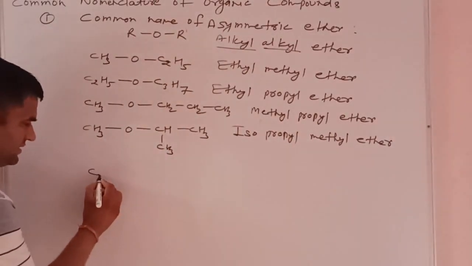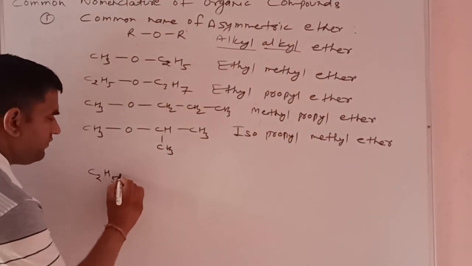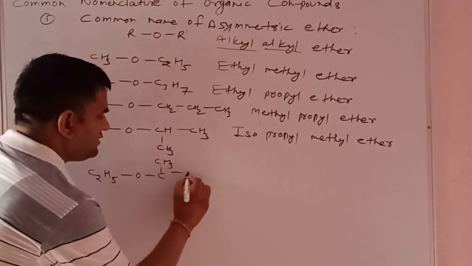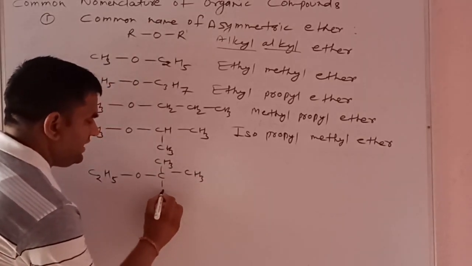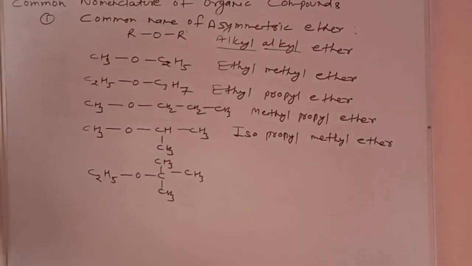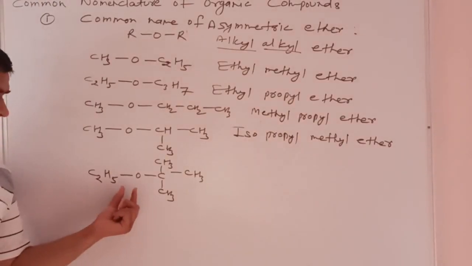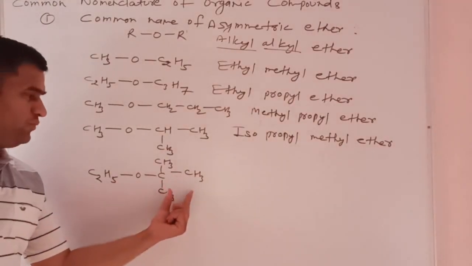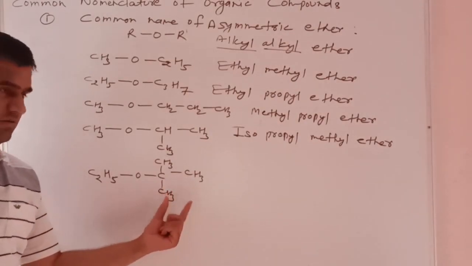Next example is C2H5OC(CH3)3. The first group in this ether is ethyl, and the second group is tertiary butyl.